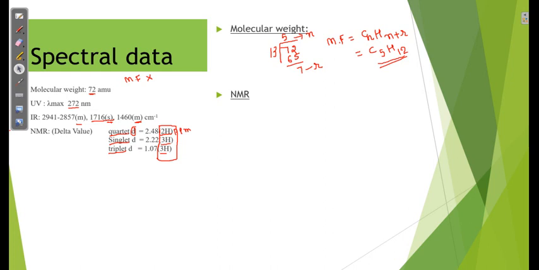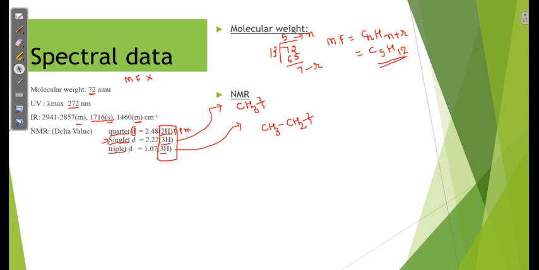So first we will see the singlet. That means one fraction is a singlet containing 3 hydrogens, so it would be this. Then we have a triplet with 3 hydrogens. This means a CH3, and it is in triplet form, so we require a neighboring carbon containing 2 hydrogens.